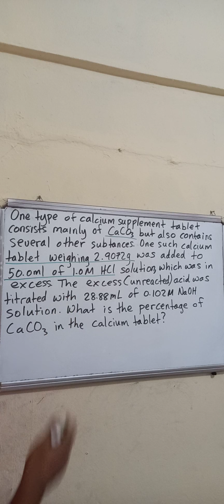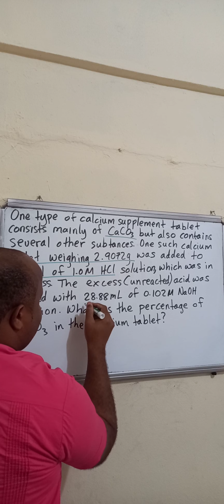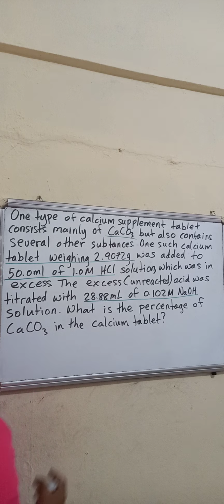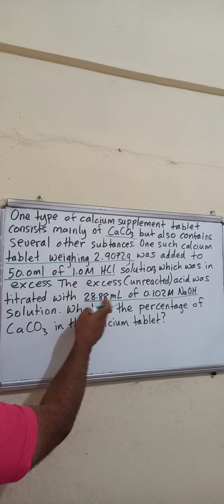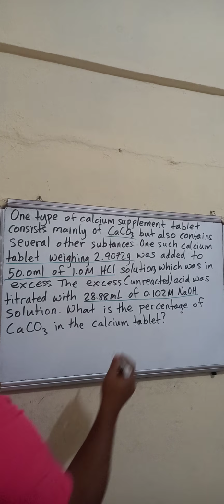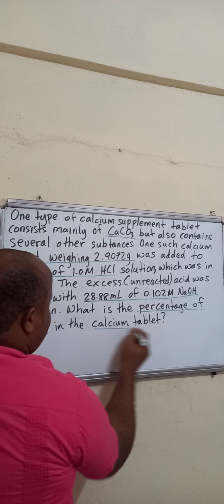Here they are talking about the titration. The excess acid was titrated, and they gave you the volume and the concentration of the base, sodium hydroxide. And they want the percentage of calcium carbonate in the tablet.